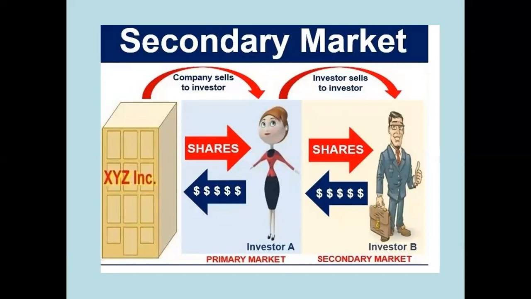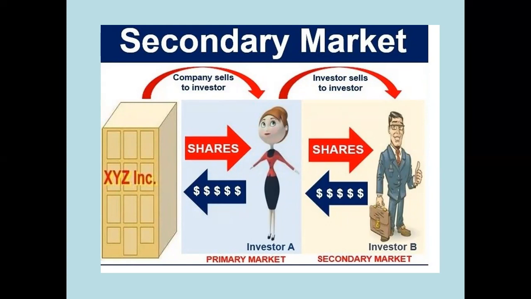Here is an image which can give you a clear-cut picture of the difference between the primary market and the secondary market. You can just see the company sells to investors. In the first image, that building is your company, and that girl is the investor. In the first arrow, you can see that when company XYZ is selling shares to that lady, it is called the primary market, and now she has become the shareholder.